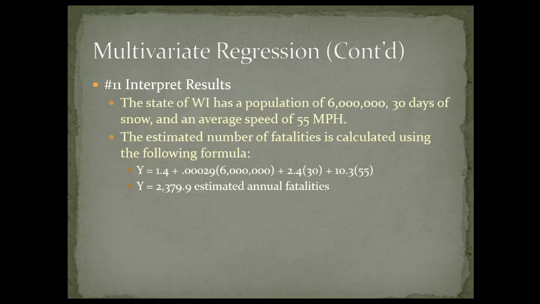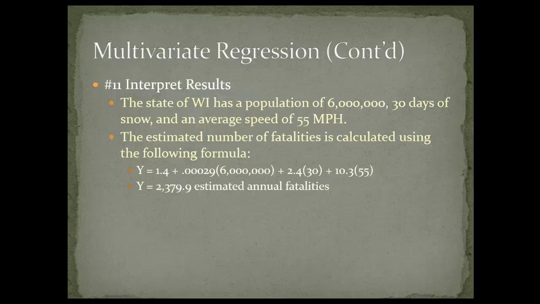Y equals 1.4 plus 0.00029 times 6 million plus 2.4 times 30 days of snow plus 10.3 times 55 miles per hour gives us an estimated 2,379.9 fatalities annually in Wisconsin.